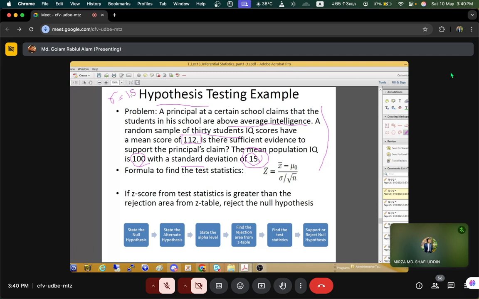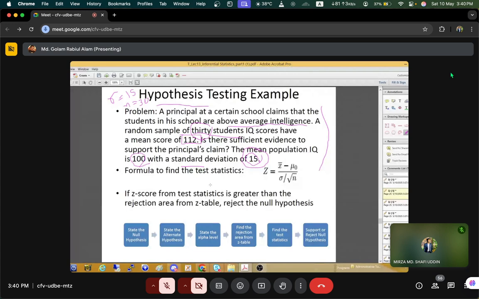So we can apply the Z test. And another point is the number of samples, in this case 30 students. Again, n is 30, which statistically we can say is large. So we can apply the Z test again.